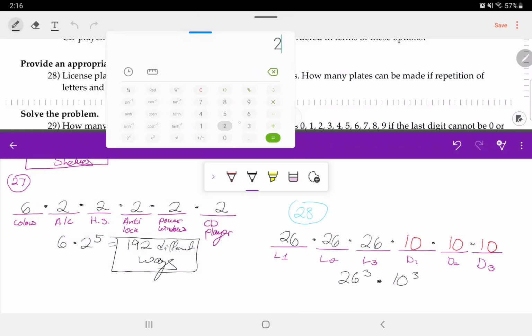But I'm just going to multiply that. 26 times 26 times 26, then times 10 times 10 times 10. And that equals 17,576,000 different license plates.